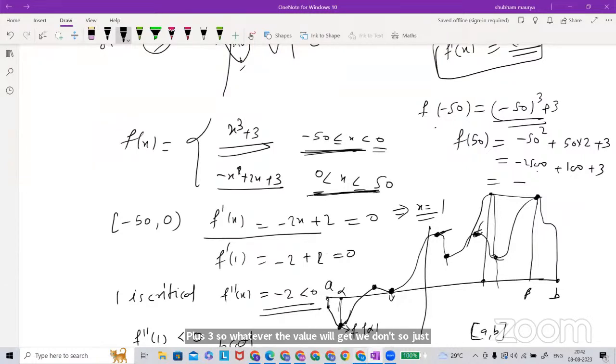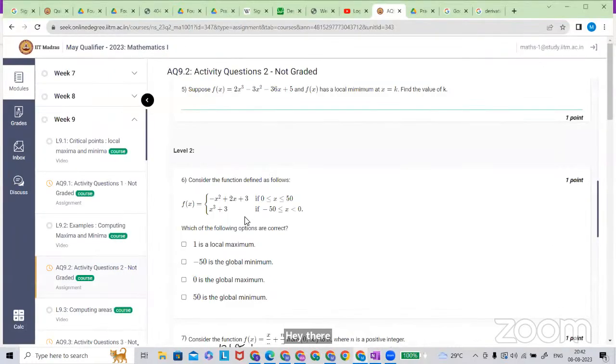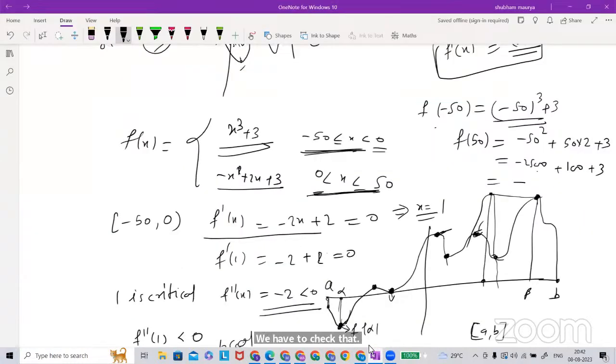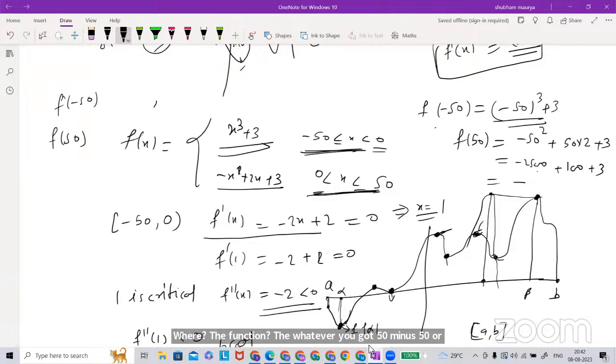But still we have to be sure whether there is any other point which gives a lesser value than at 50 or -50. Is there any other point in this interval, let's say alpha, where f(alpha) is lesser than both?